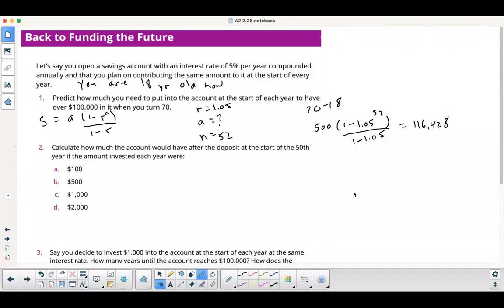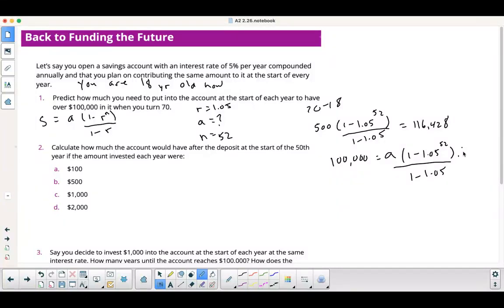But what you could do here is, if I plugged in 100,000 for S and solve for A, I'd have 1 minus 1.05 to the 52 divided by 1 minus 1.05.